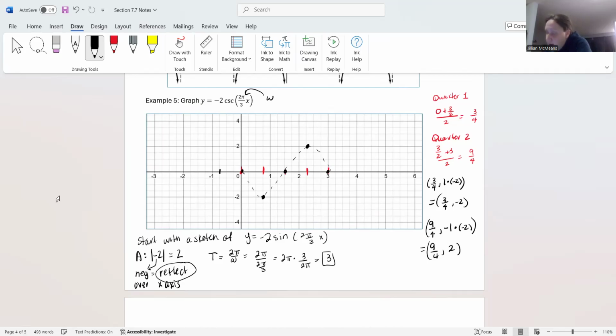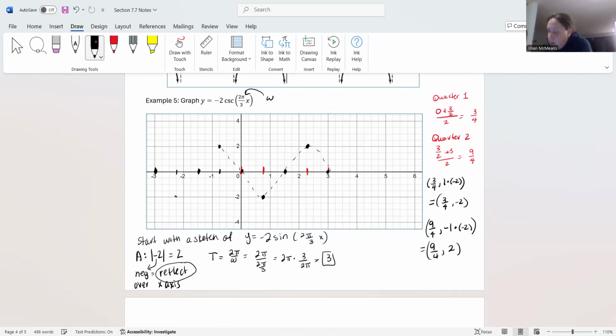So we're going to go here, here, here. We're going to have, let's see, an x-intercept here and here. And then let's see, we're going to have a max here, a min here, and a, not here, here, and a min here.